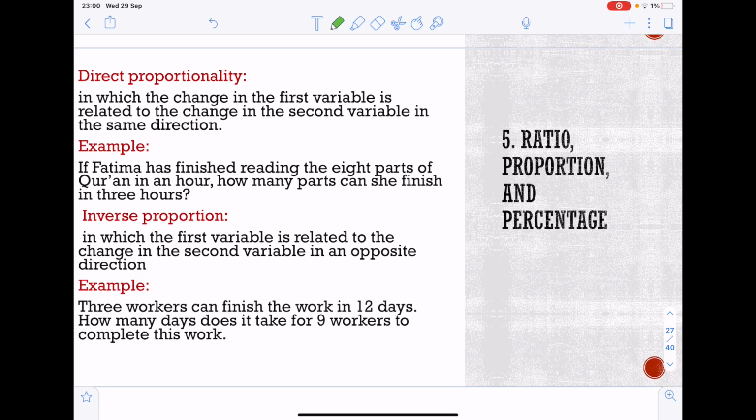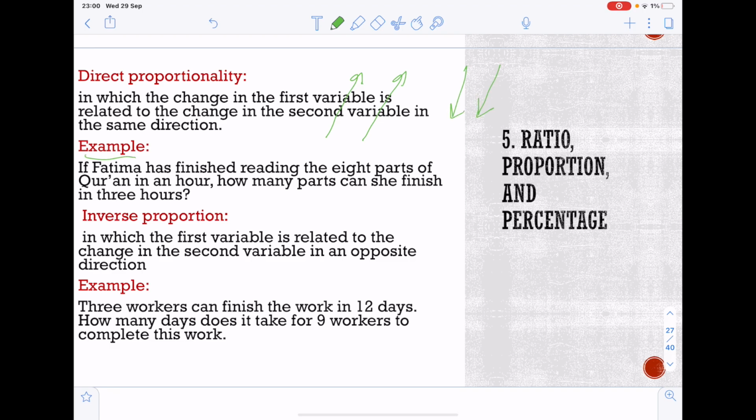So we have direct proportionality, in which the change in the first variable is related to the change in the second variable in the same direction. If the first variable increases, the second variable would increase. If the first variable decreases, the second variable would decrease also.